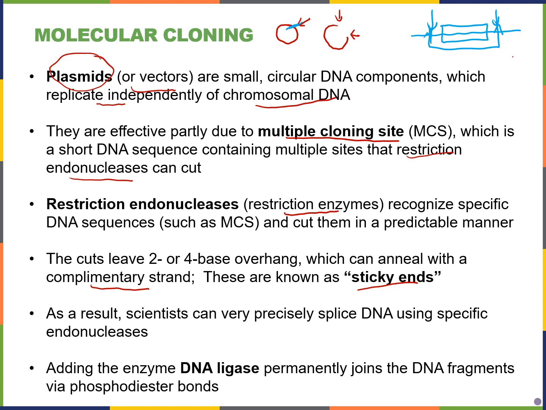That means the sticky ends flanking the gene and at the ends of the plasmid over here will be complementary, which will allow the two molecules of DNA, the plasmid and the gene of interest, to bind together. To really stick them together and hold them in place, however, we need DNA ligase, an enzyme that almost acts like glue to permanently join the gene to the fragment of plasmid.